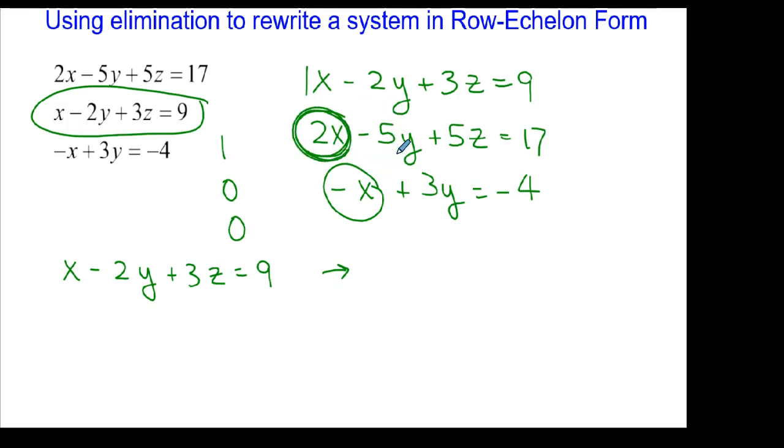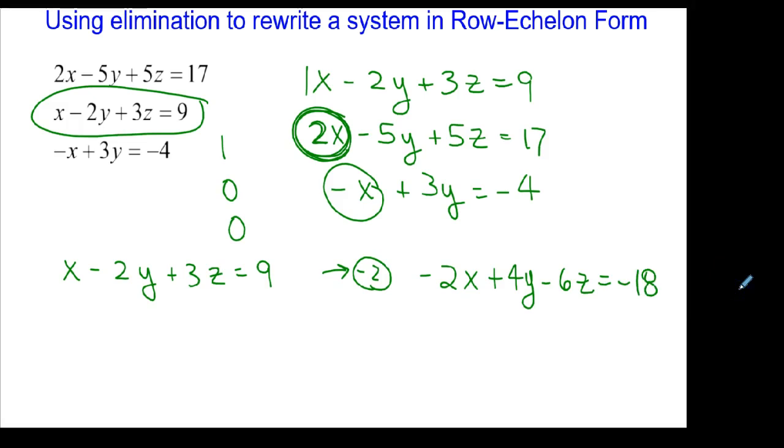So if I multiply this row by -2, that's the opposite of +2. So let's do that. -2 by each number. That gives me -2x plus 4y minus 6z is equal to -18.